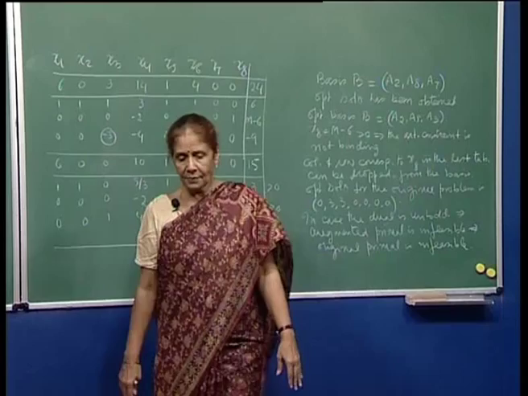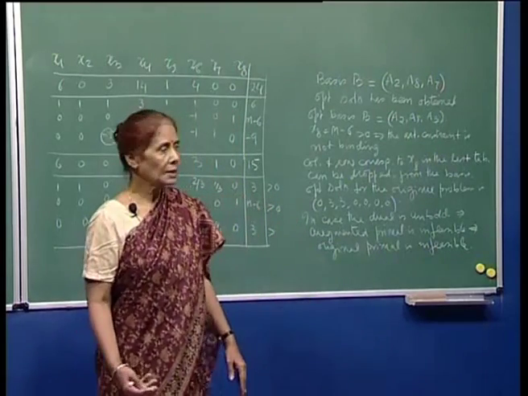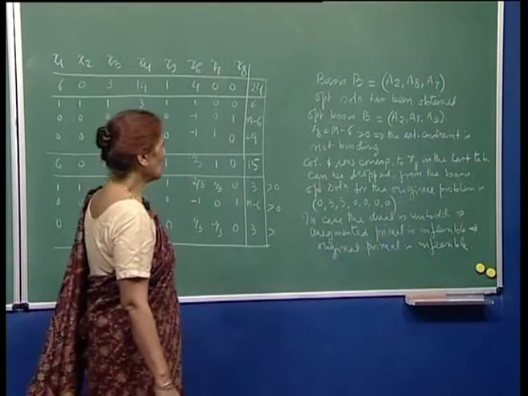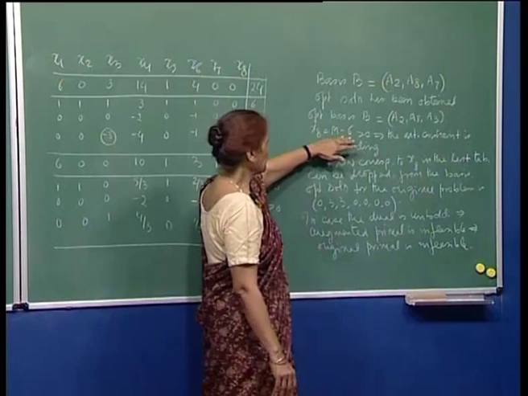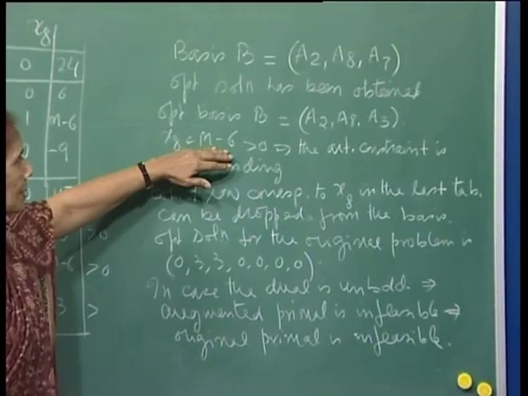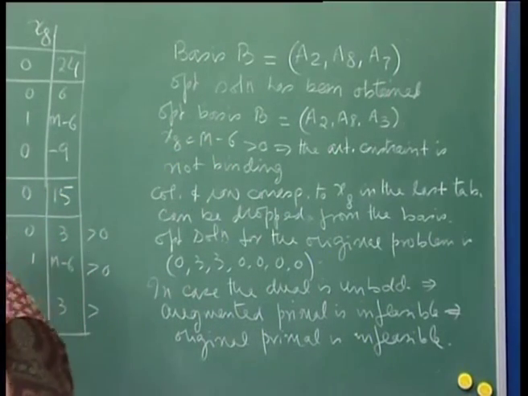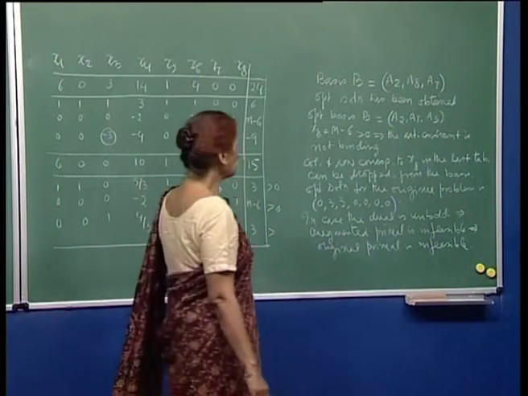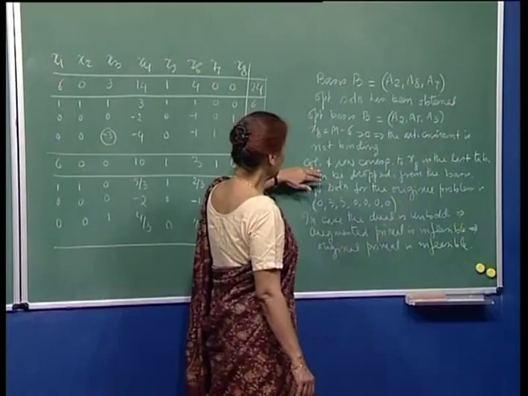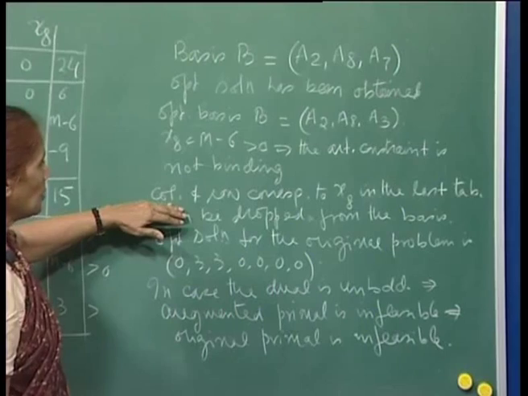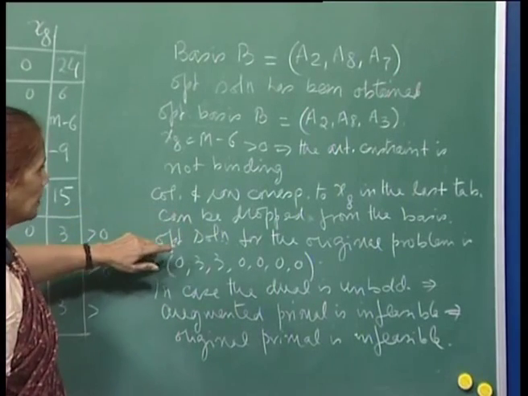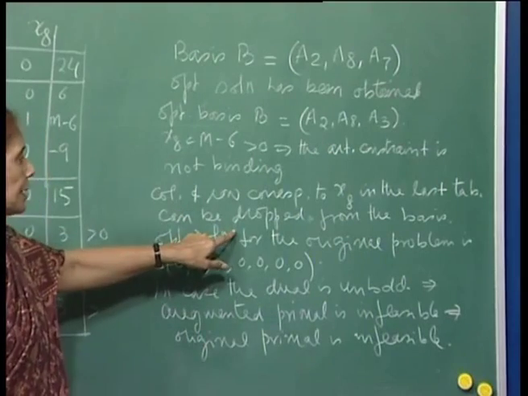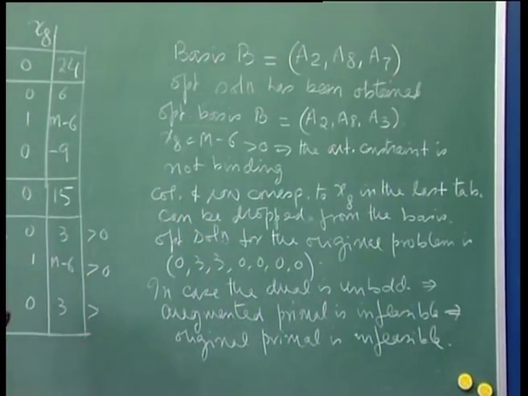Remember, we had added an artificial constraint to obtain a starting dual feasible solution, but now we realize that since in the optimal solution x8 is at positive level, the artificial constraint is not binding. It will be satisfied with the strict inequality if you remove x8, right. So that means we can drop the column and the row corresponding to x8 in the last tableau, because we do not need it anymore, right.